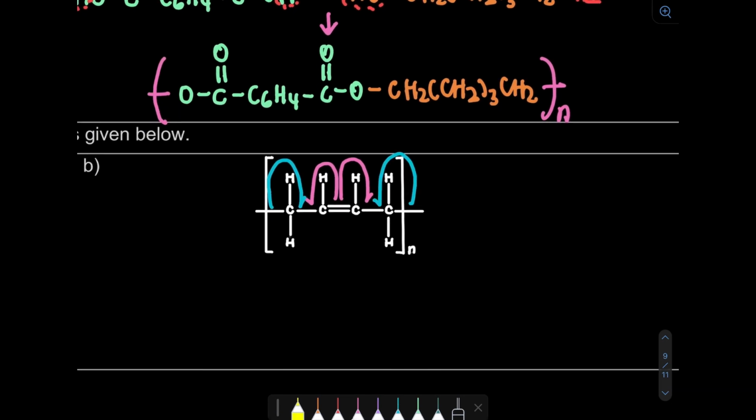Okay, so how does it work? For example, in our compound, the CH at the start, then we have our original bond. Okay, then the second one.